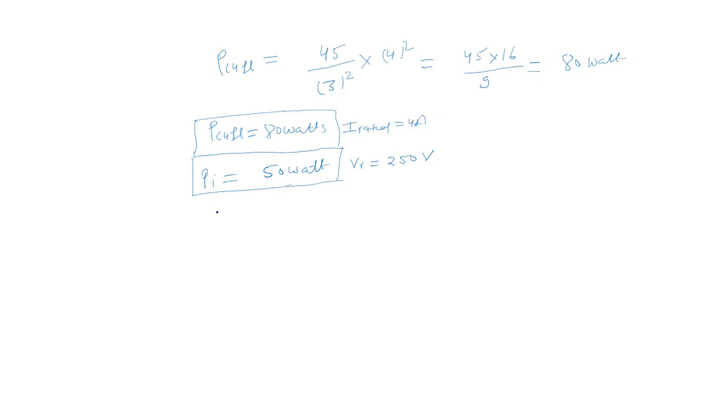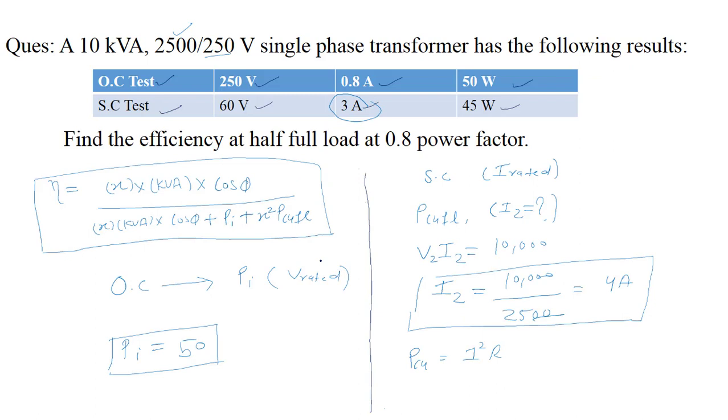So now find the efficiency, that is, X load factor into kVA into cos phi upon X kVA cos phi plus P iron plus X square into PCUFL. X is given as 0.5, since it is given at half full load, it means the load factor X is nothing but 0.5.